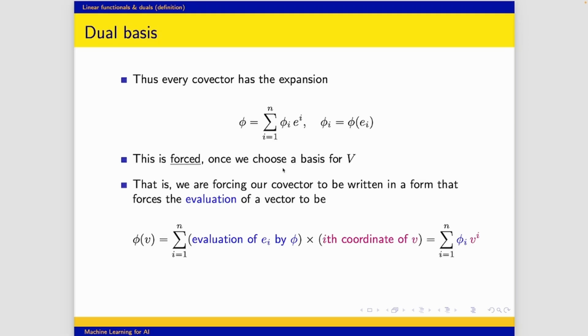So as I say, this is forced. Once we choose a basis for V, we force this representation. So we're forcing our linear functional covector to be written in a particular form.